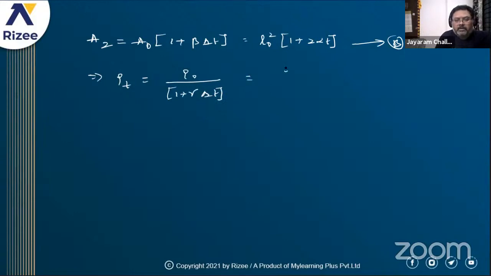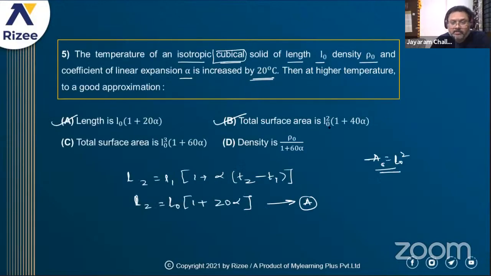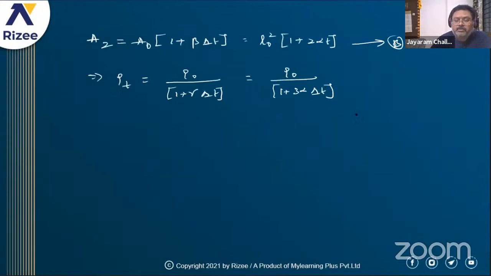Gamma can be written as 3 alpha into delta T. So this should symbolize this, let's compare rho naught into 1 plus, since it's 3 alpha, that is rho naught into 1 plus 60 into delta T, and this can also be written as L naught square into 1 plus 40 into alpha.